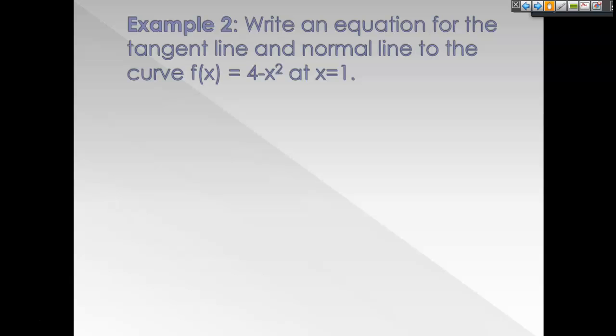Write an equation for the tangent line and the normal line to the curve 4 minus x squared at x equals 1. So we're going to start with the tangent slope at x equals 1.